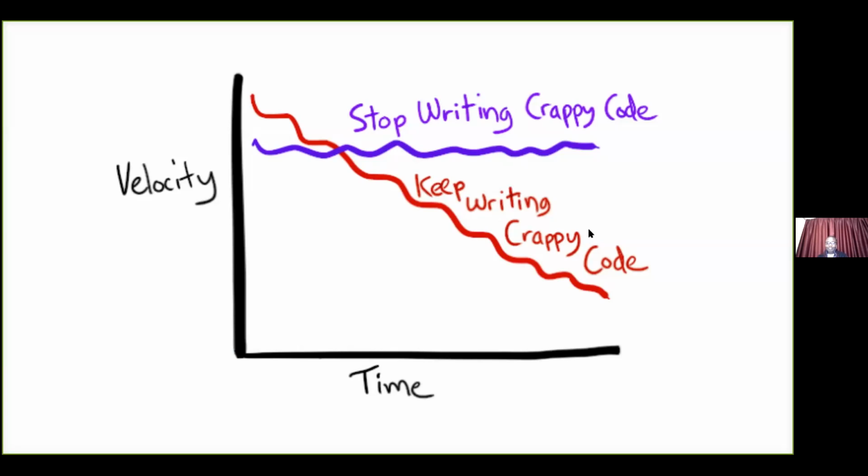If there are no specific rules set for that, there are high chances of crappy code. We call it crappy in quotes. So what can we do to stop this?